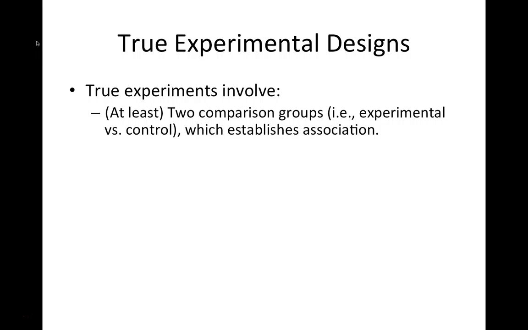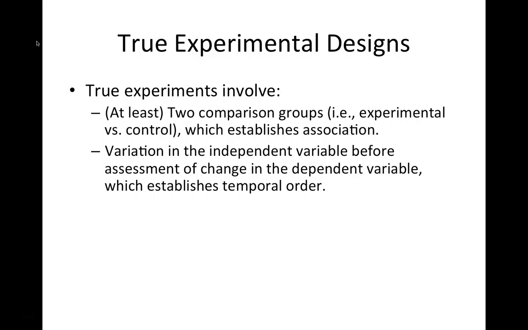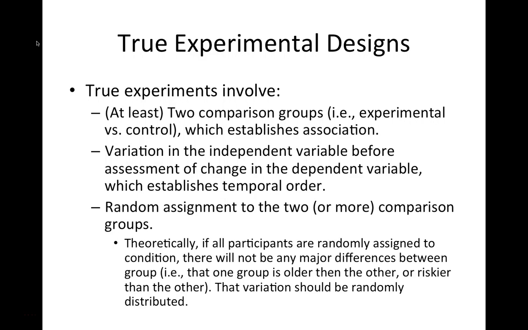So true experiments involve at least two comparison groups, an experimental versus a control group, and that helps us to establish an association between the independent and the dependent variable. There is variation in the independent variable before assessment of change in the dependent variable, and so that helps us to establish some temporal ordering. So we know that the independent variable came before our assessment of the dependent variable.